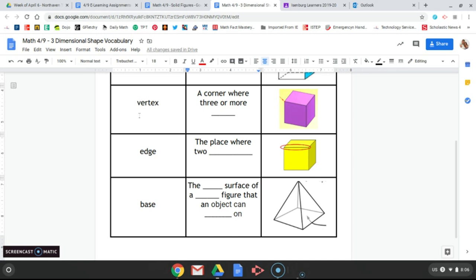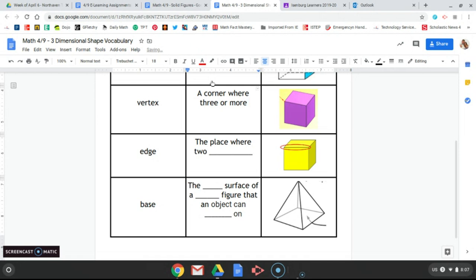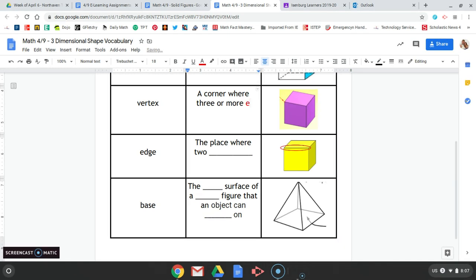The next word, vertex. Now, we've actually talked about this before with our 2D shapes. The only difference with a 3D shape is that we add an extra side in there. So it says a corner where three or more edges meet.